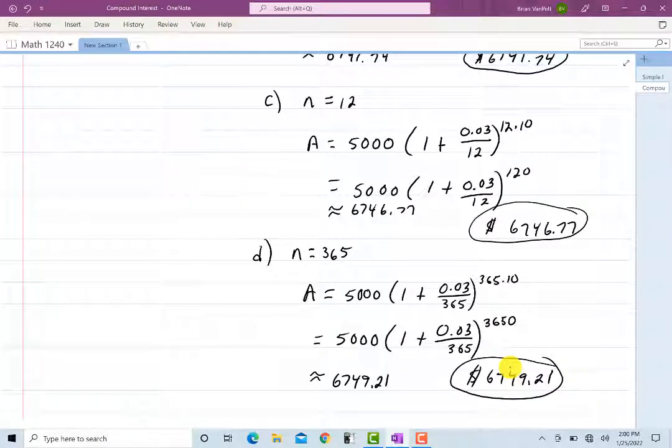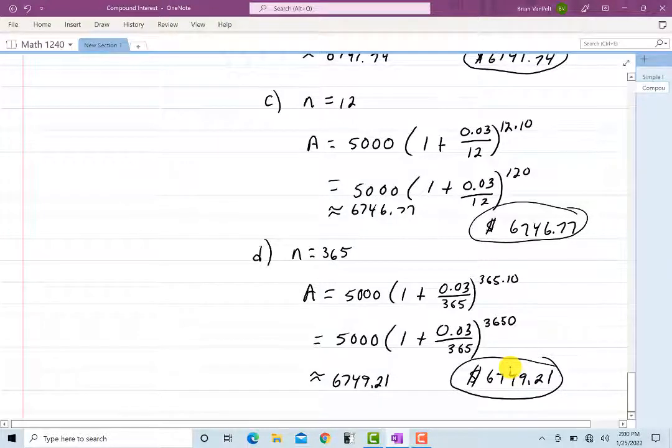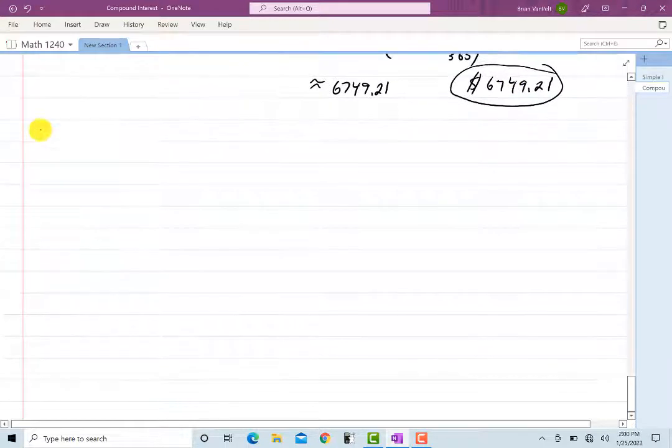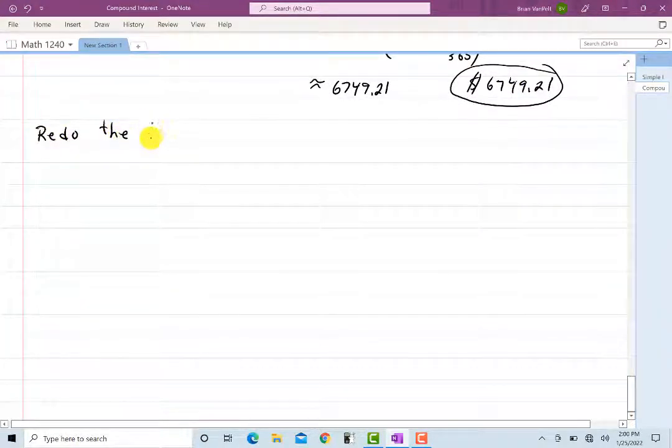Now what I would like to do is redo this whole example, but using the calculators. Now I'm going to do it 3 times.